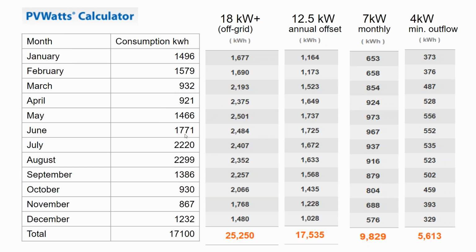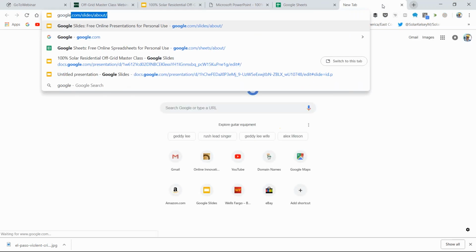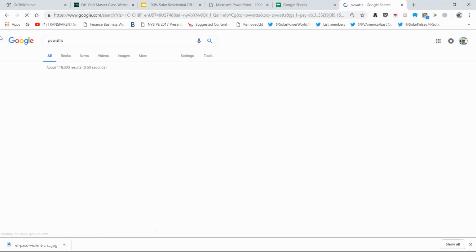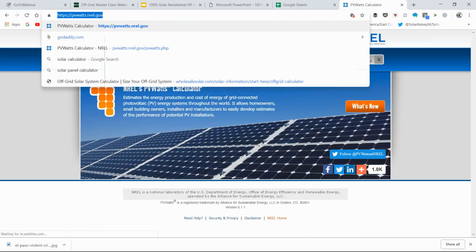So let's see here. Okay, so I'm just going to do a real quick PV watts calculation for my area. So I'll put it into the link.